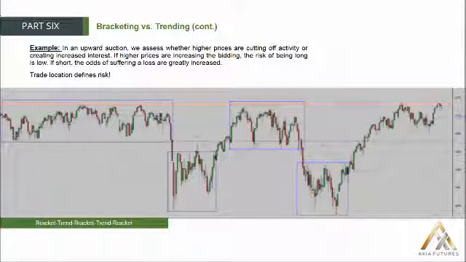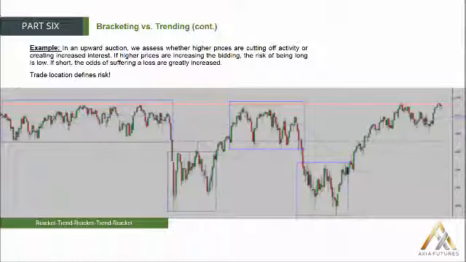Finally, once we take out that key pivot where the sellers initially initiated, note how the market then moves back into the original bracket. Now, again, this is not something that's new. You're going to see this very, very often, the market moving in and out of bracketing areas. The important thing to understand is when are we bracketing and when are we initiating or trending.